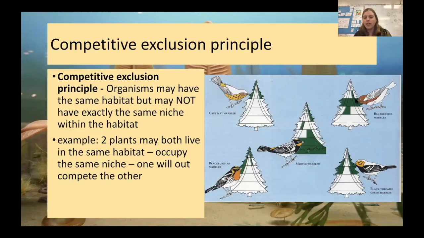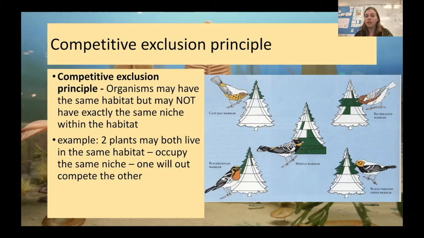So notice that none of the birds have the exact same locations that they're going to feed from. However, there is some overlap. For example, this little Cape May warbler and this Blackburnian warbler are going to be eating off of the same area of the tree from time to time. And when they're both there, they're going to be competing for those seeds or insects.